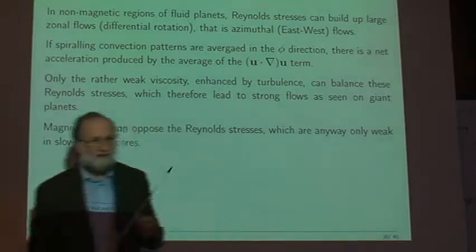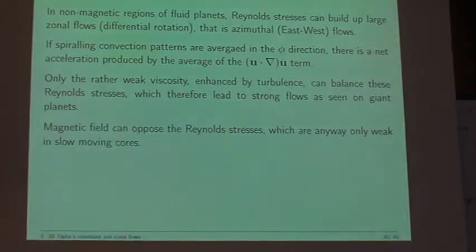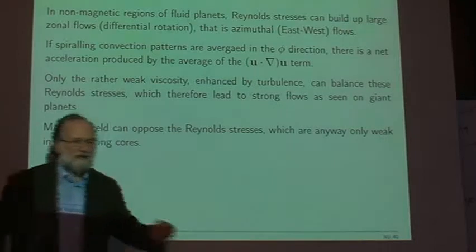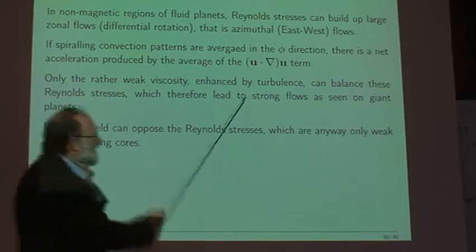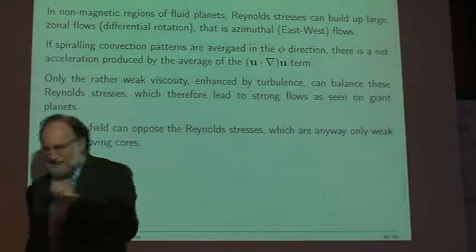Interestingly, that's another sort of major difference between the Earth and the Sun. In the Sun, the zonal flows are huge, and the convection is very strong. The magnetic field is comparatively weak, and it doesn't seem to be able to stop the dynamo acting much at all.